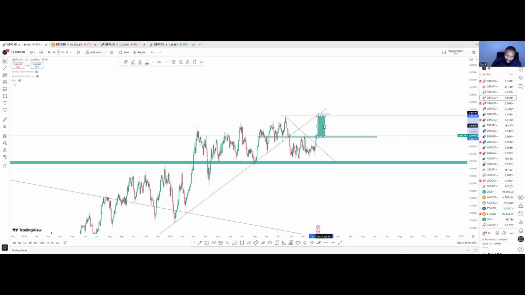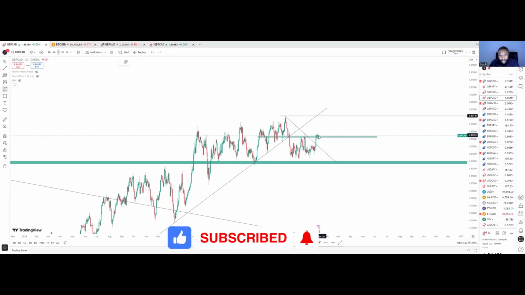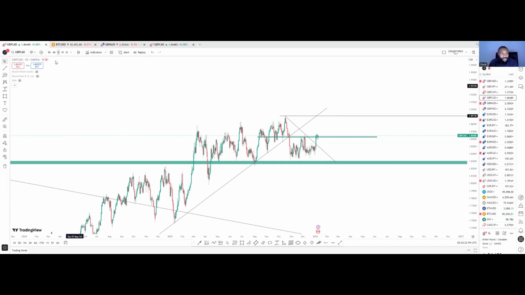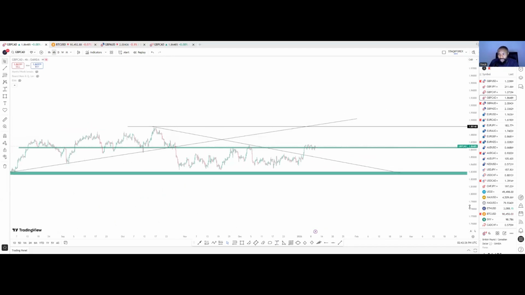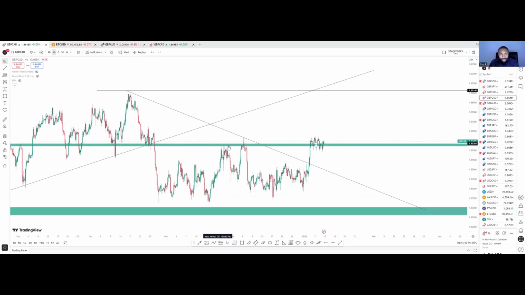So let's see how many pips it is. We have 260 pips, from this zone to this zone. So 4 hours is my entry time frame. Let me scale down to 4 hours to see what is going on. On the 4 hour time frame, we have a breakout.